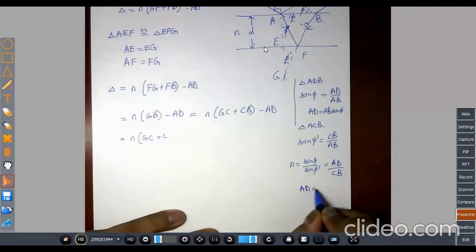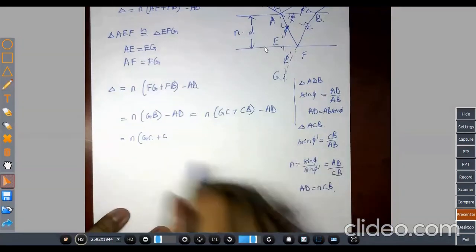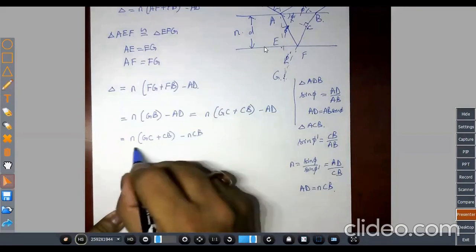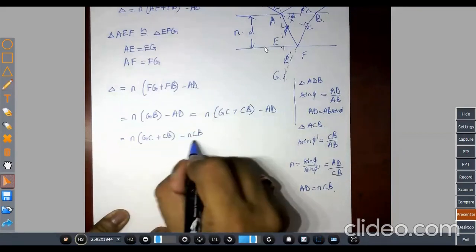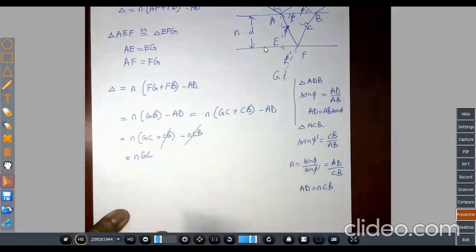Now AB is equal to N into CB. We will substitute this value. So we will be left with N into GC.